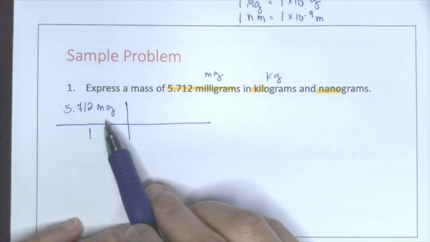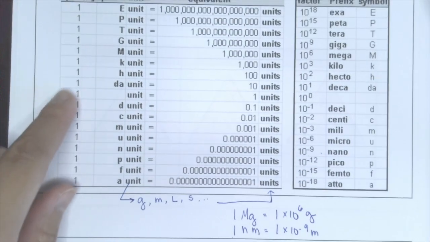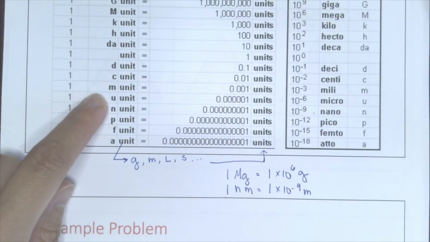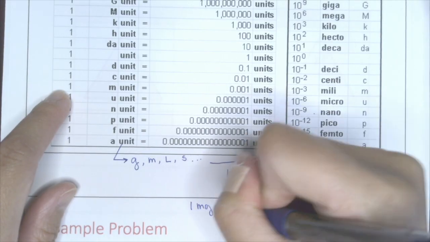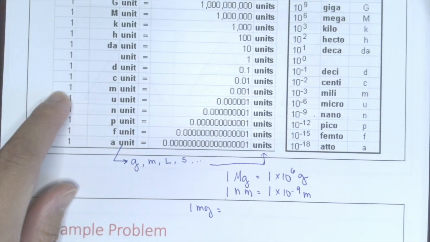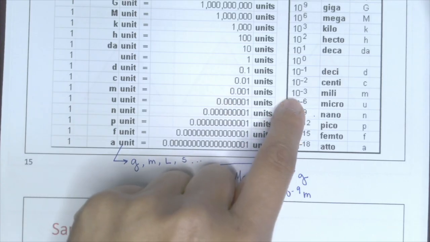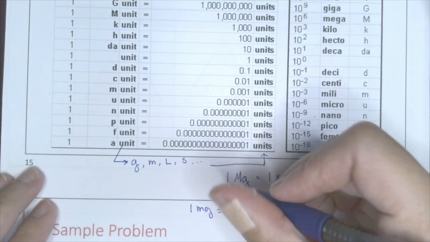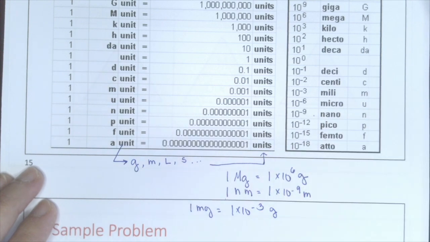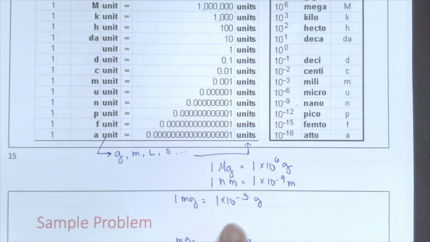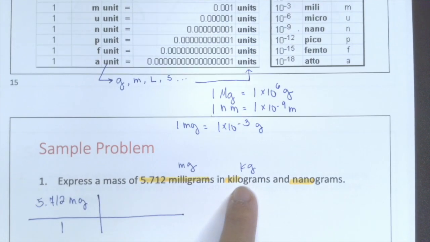All right, so we have milligram and our conversion factor. So let's write out our conversion factor to begin with, until such time that you get comfortable with this and you don't have to keep doing that. So 1 milligram is equal to the number 1 times 10 to the minus 3rd gram. And then we have to turn it into the unit kilogram.